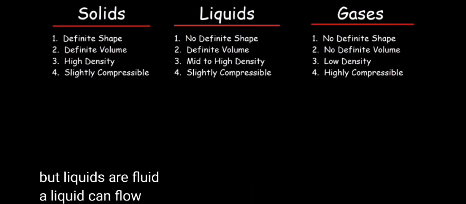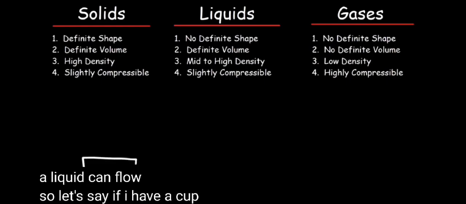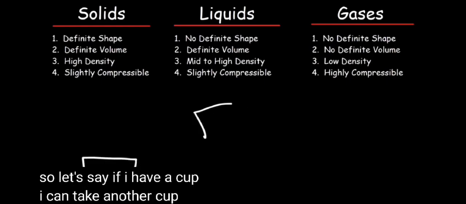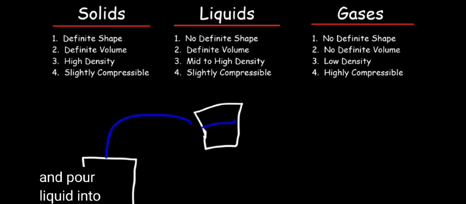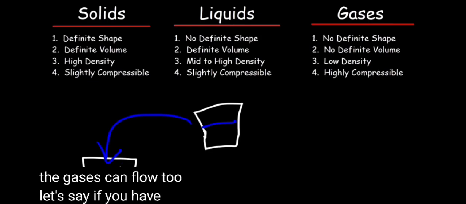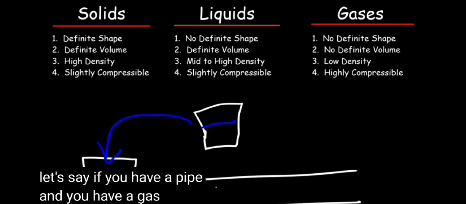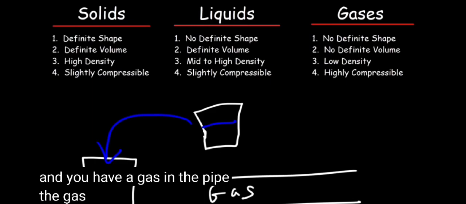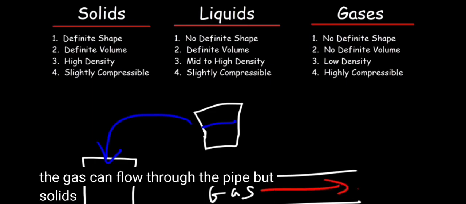A liquid can flow. So let's say I have a cup, I can take another cup and pour liquid into it. Gases can flow too. Let's say you have a pipe and you have a gas in the pipe, the gas can flow through the pipe.